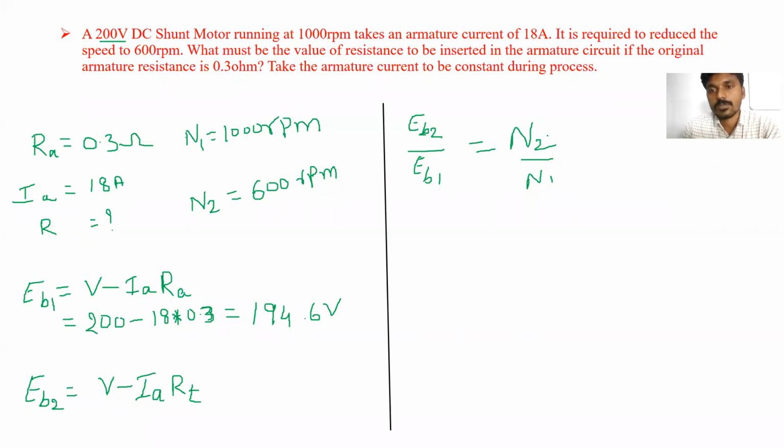What is the value of N2? 600 RPM. What is the initial speed at back EMF EB1? N1 value कितना है?